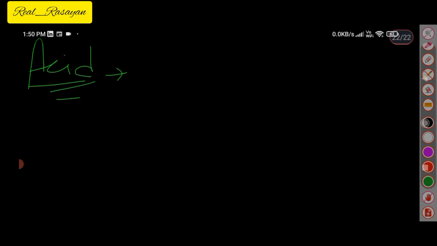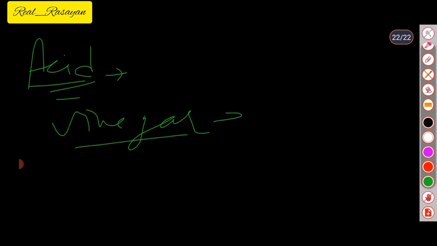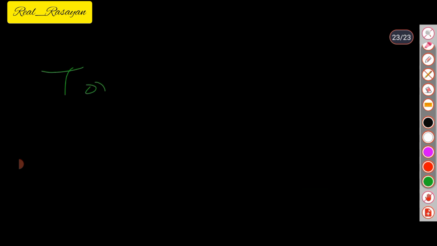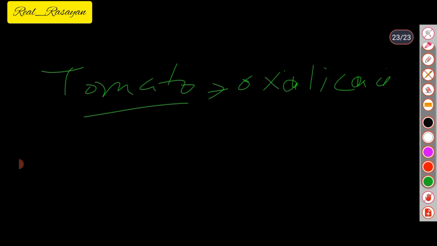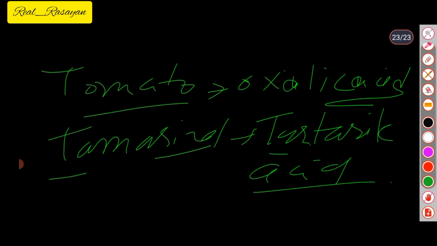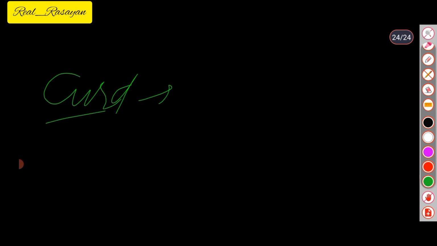Now some examples of acids present in substances. Vinegar, acetic acid. Formula of acetic acid is CH3COOH. Tomato, oxalic acid. Tamarind, tartaric acid. You can remember T for T. Tartaric acid. Curd, citric acid.